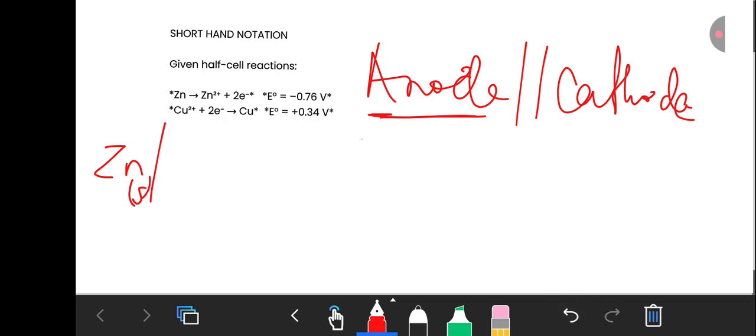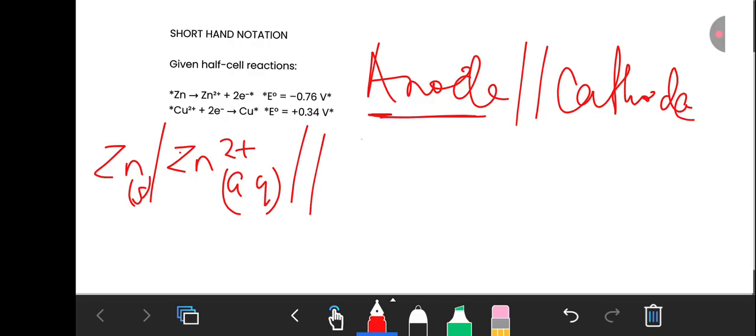Then we go to the one which is undergoing oxidation. It is zinc ion. So we write zinc ion 2 plus. We put one line to separate the electrode from the ion, and the state symbol is aqueous.